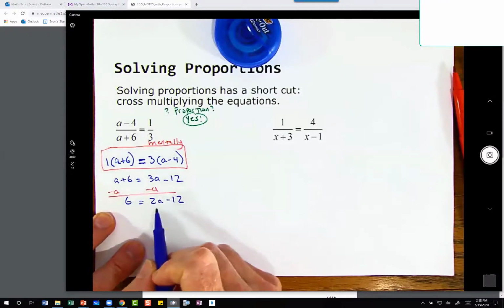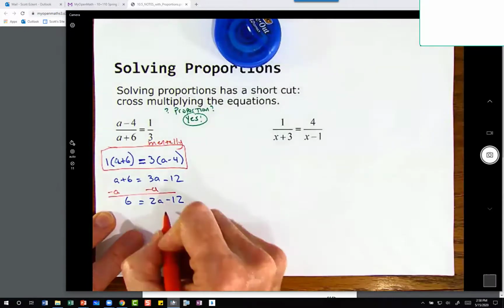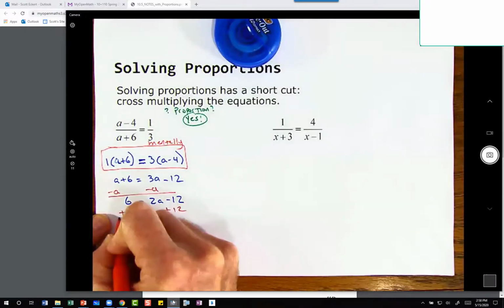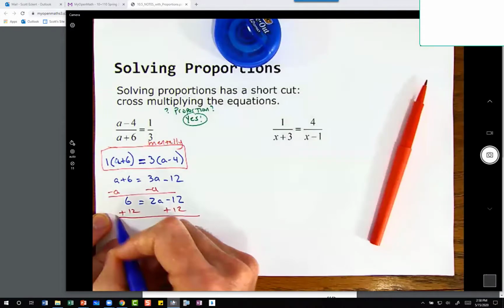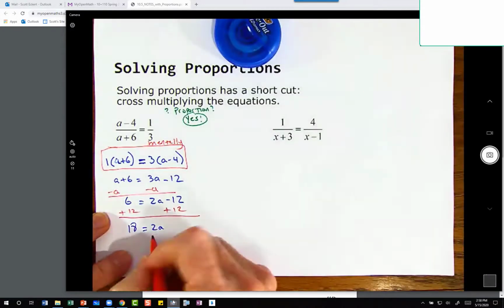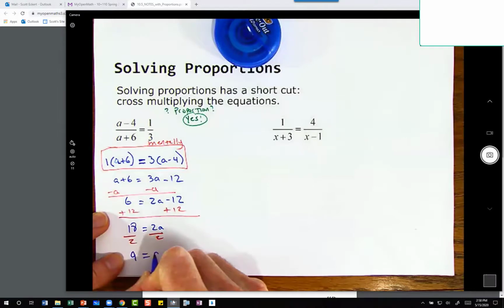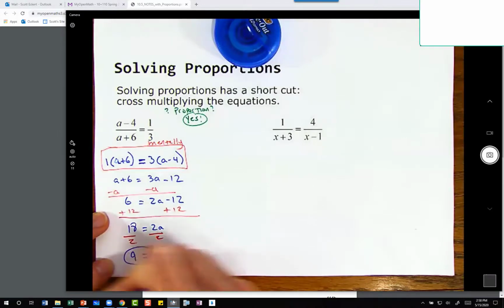I've only got 2a on one side. Next, I'm going to get a by itself by adding 12. So I got 18 equals 2a. And I'm almost there. Divide by 2. 9 equals a. All done.